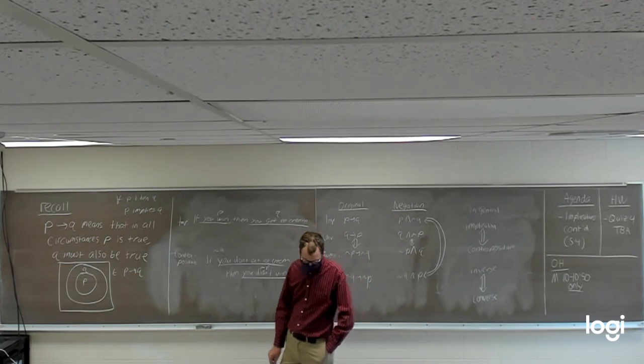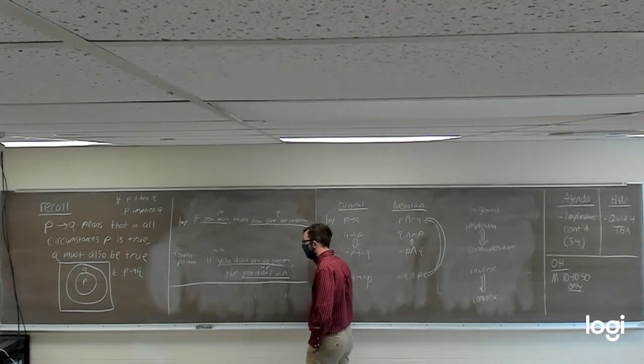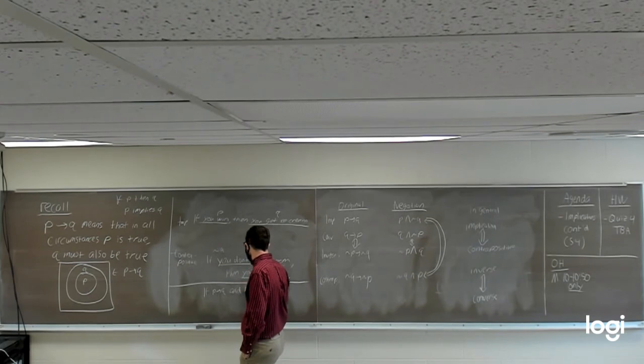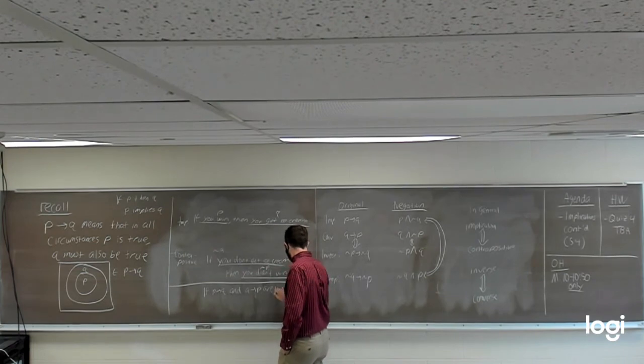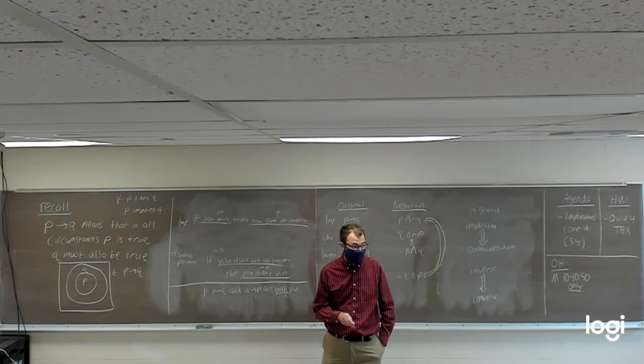So one last thing, and here's kind of the kicker to this whole discussion. If P implies Q and Q implies P are both true, then we can say something special about the relationship between P and Q. They're logically equivalent.